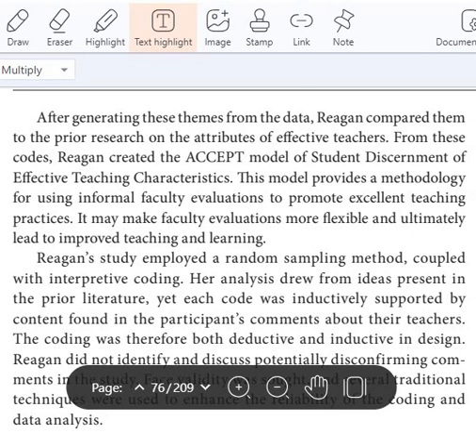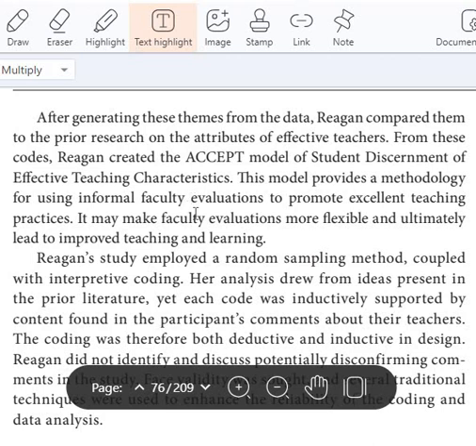From these codes, Reagan created the ACCEPT model of the student discernment of effective teaching characteristics. This model provides a methodology for using informal faculty evaluations to promote excellent teaching practices. It may make faculty evaluations more flexible and ultimately lead to improved teaching and learning.